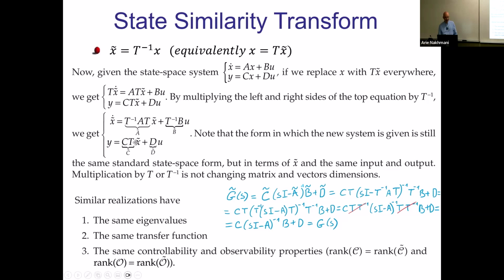C tilde is C times T, so I'm substituting it here. Now, A tilde is T inverse A T, so I'm substituting that thing here. B tilde is T inverse B, so I'm substituting here. D is the same. Okay, so far? I just substituted all these new matrices instead of old matrices. And what I want to show is that this is equal to C times sI minus A inverse times B plus D, these original matrices. That's what I want to show, and then both transfer functions will be exactly the same.